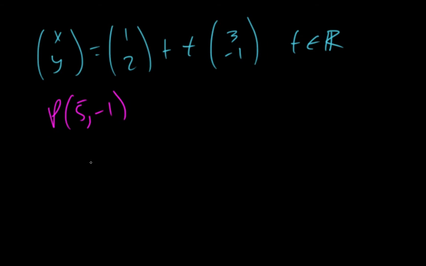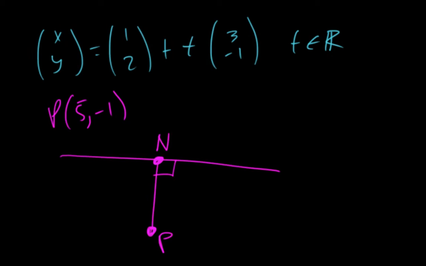So we have our vector, it's going this direction. And then we have point P, which is right here. We'll call this point N. And N is going to be x comma y.